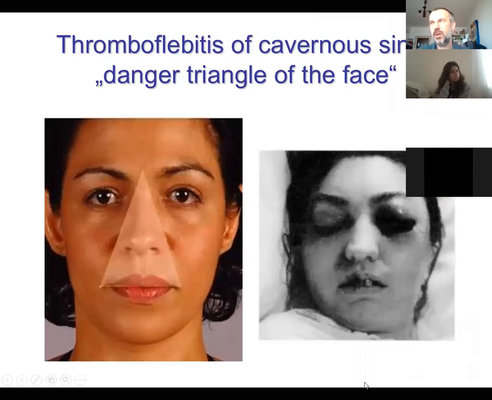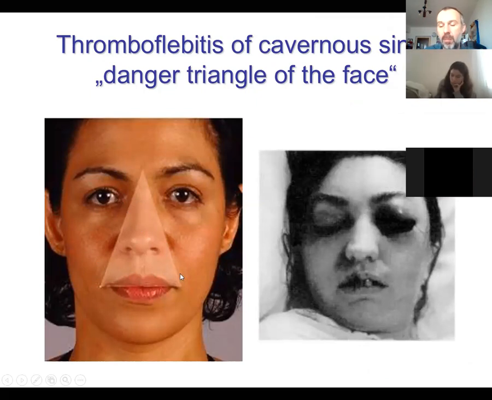Okay, this is called the danger triangle of the face, or sometimes the triangle of death. In case you have any small inflammation in the face, during acne or due to acne, it can cause problems. It can enlarge, but if it's in this area, it can spread via the angular vein into the eye, into the ophthalmic veins, and into the cavernous sinus.